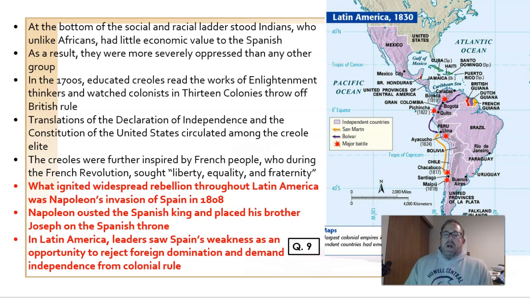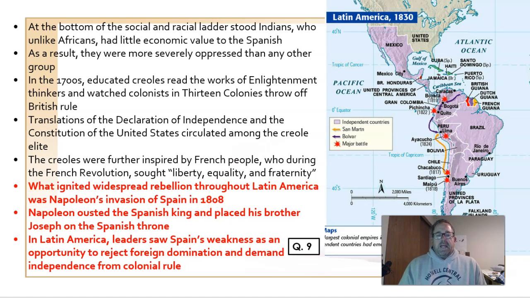Okay, so what ignites it, what starts it, is when Napoleon is fighting the Peninsular War, when he has to go through Spain into Portugal because Portugal has violated the Continental System. If you remember that, you also know that the Spanish monarch complained about the presence of French troops in Spain, and the result of that complaint was that he was toppled by Napoleon.